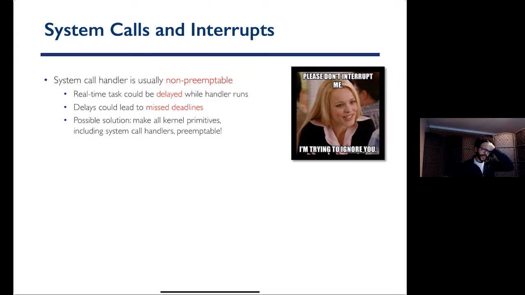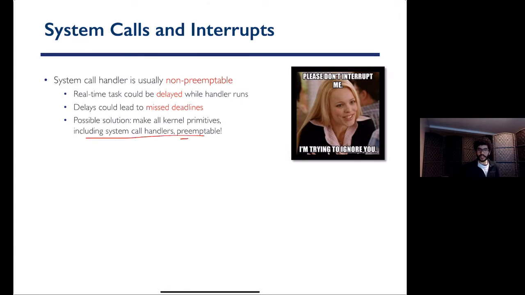Now, if your system call handler is not preemptible, then this interrupt is going to sit in the queue and not be processed. So one thing that you could do is to make your system call handling process preemptible. So this is one option.